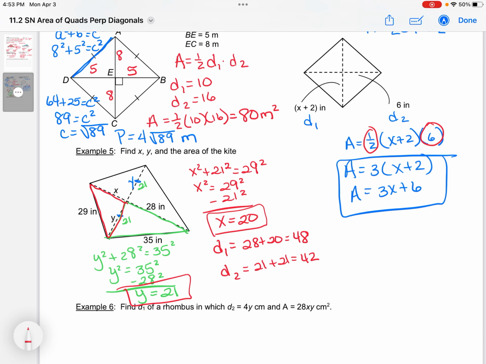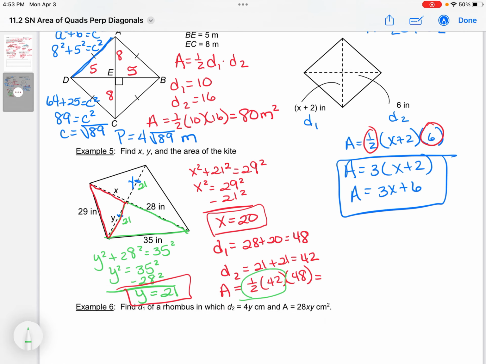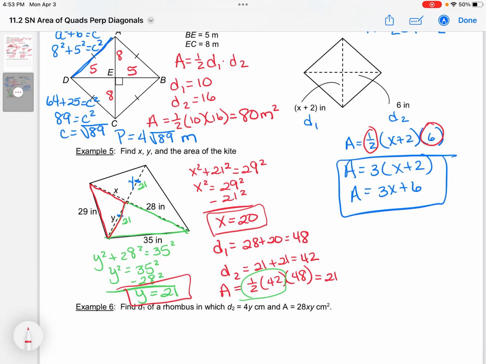And so my area is 1/2 times 42 times 48. So I'm going to do 1/2 times 42. I'm going to do this part first. And I'm still going to need a calculator over here.